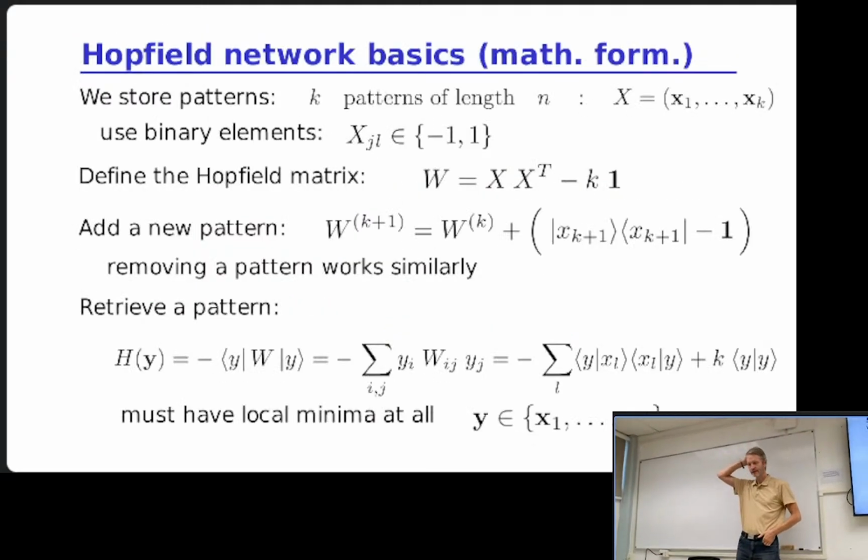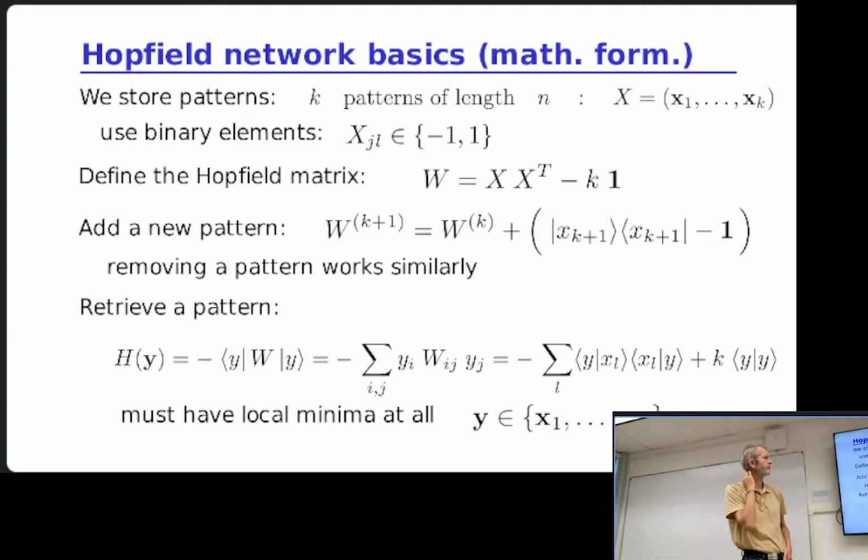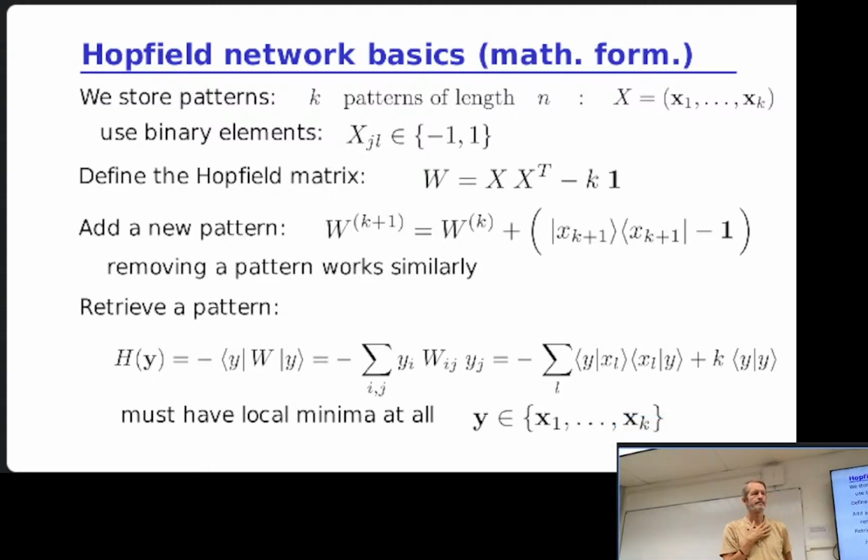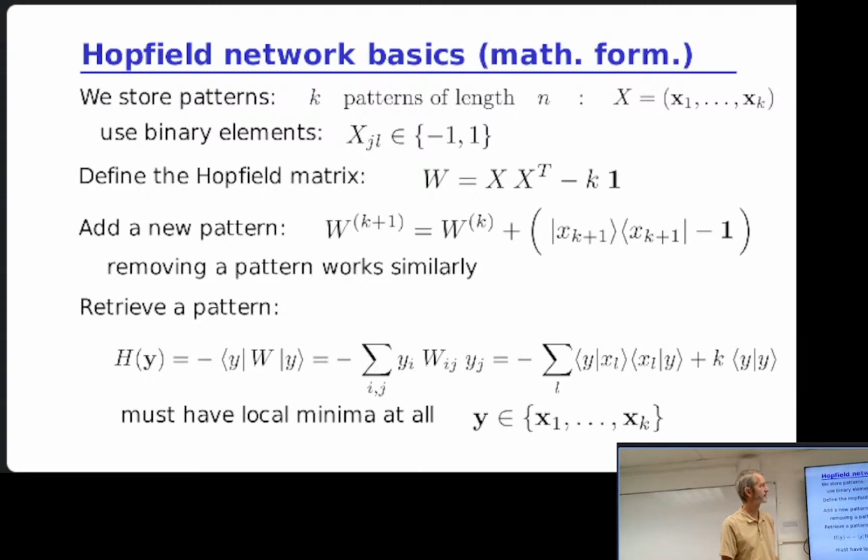So now let me give you a mathematical formulation of the Hopfield network. The idea is to store these k patterns of length n, so k vectors of length n, and we use binary elements. Each entry is either 1 or -1.